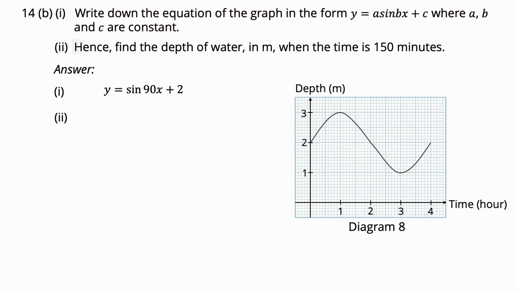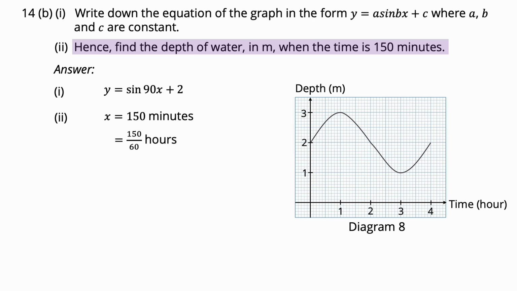B. 2. Hence, find the depth of water, in meters, when the time is 150 minutes. When x equals 150 minutes, convert minutes to hours. 150 divided by 60 equals 2.5 hours.